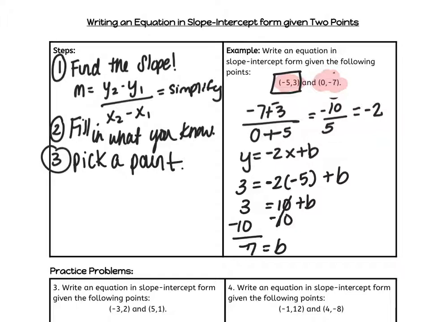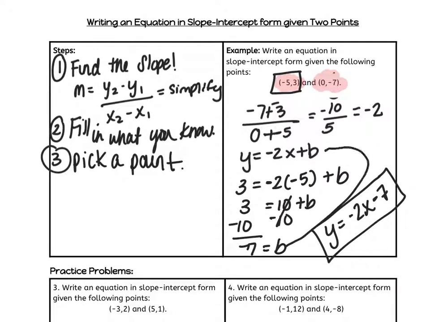From here, I am going to say that y equals -2x minus 7. And remember, once you found your b, you're just plugging the b value back into where you originally wrote your slope-intercept form. Make sure before you move on to the bottom, you fill in the rest of your steps.